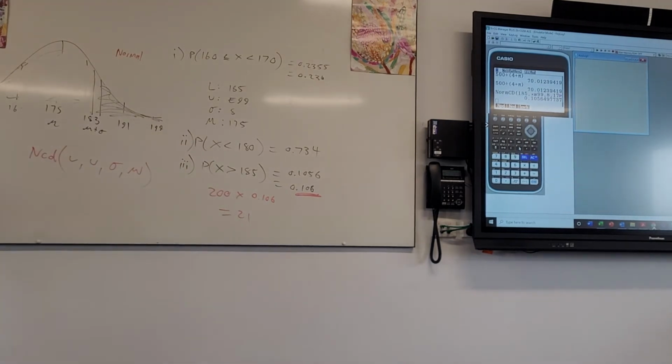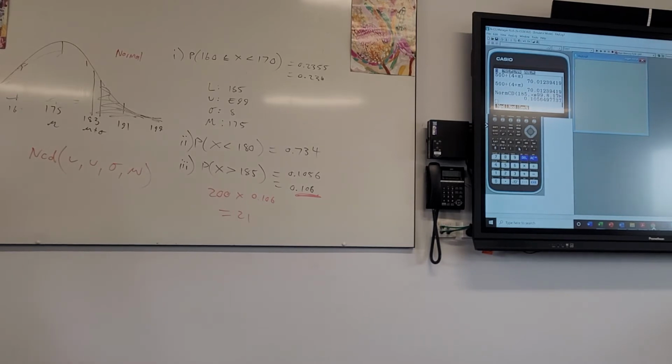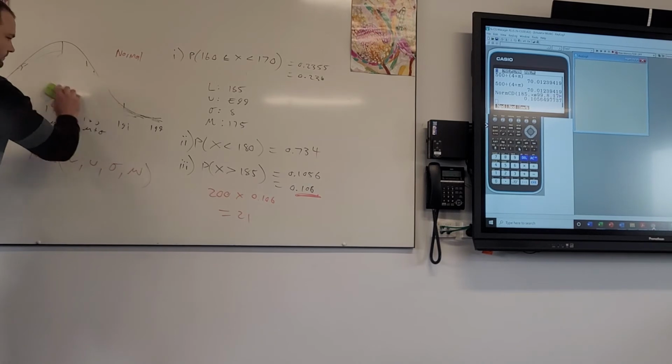Okay, last one. What is the minimum height someone needs to be classified in the tallest 5% of people? So let's consider our distribution here.